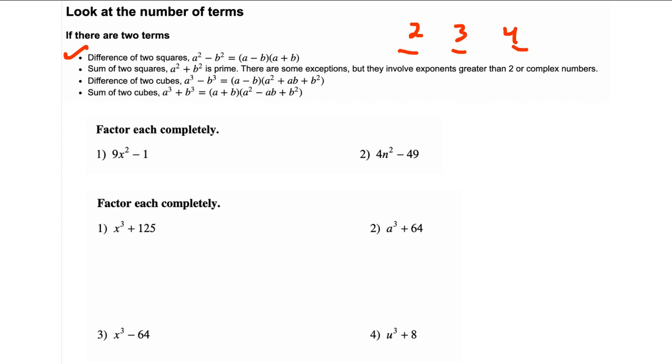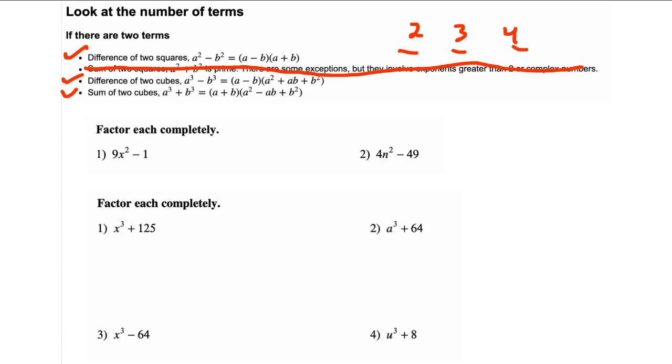The sum of 2 squares doesn't factor at all. So the difference of 2 squares, the difference of 2 cubes, and the sum of 2 cubes. So that's what you have to look for.